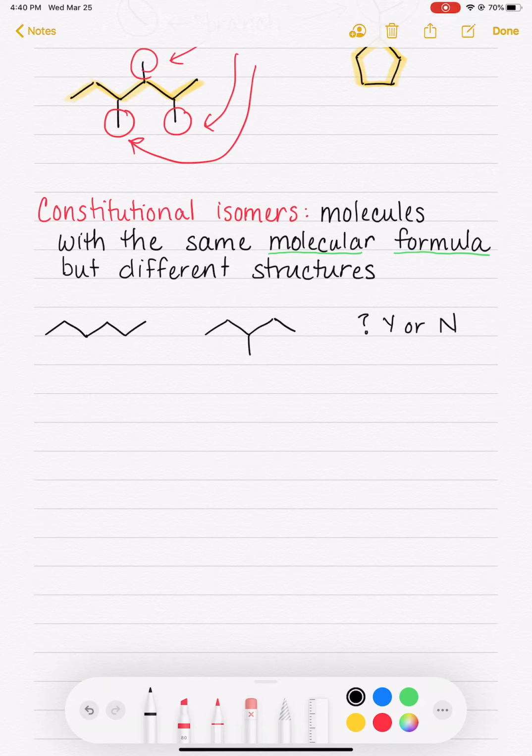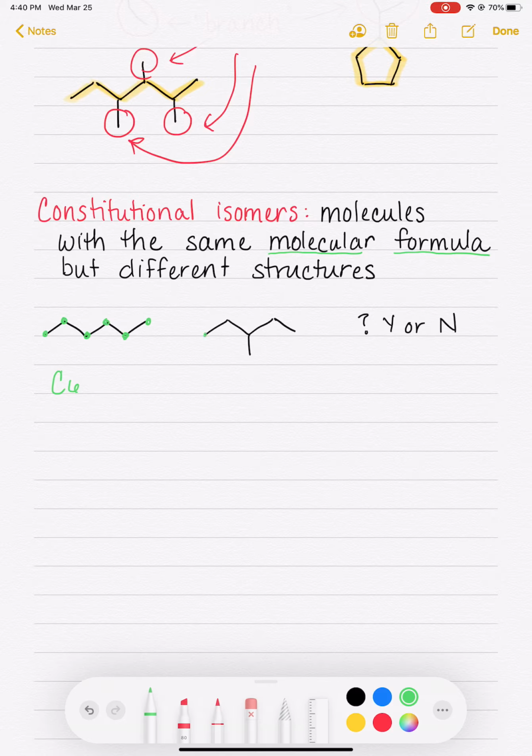In order to do that, we first need to figure out what the molecular formula is for each of these molecules. So we've got in our first molecule 1, 2, 3, 4, 5, 6 carbons. And what I'm going to do before I count up hydrogens, I'm going to go to the second molecule and count carbons. And I'll tell you why in a second.